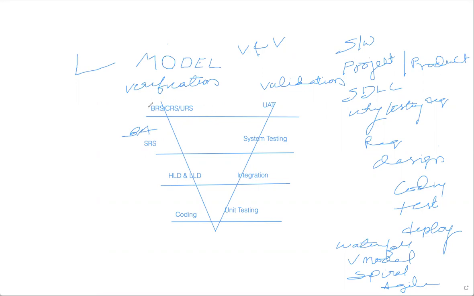Based on the customer documents, they will prepare the SRS document, which is the software requirement specification. So the business analyst prepares the SRS based upon the BRS, CRS or URS documents, and it is in a more technical format.